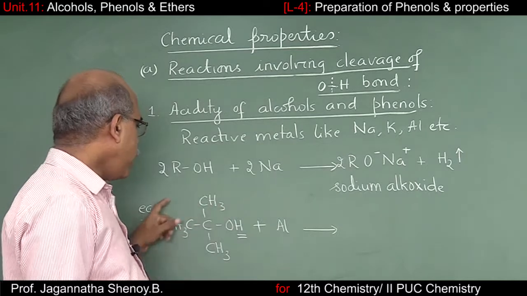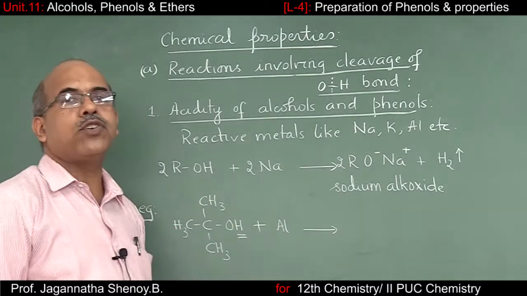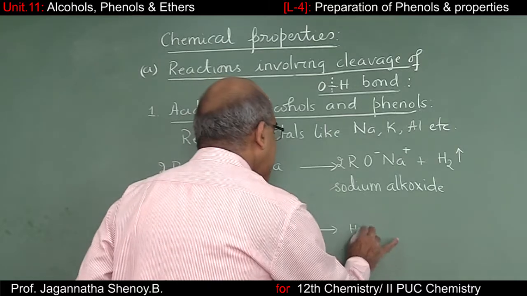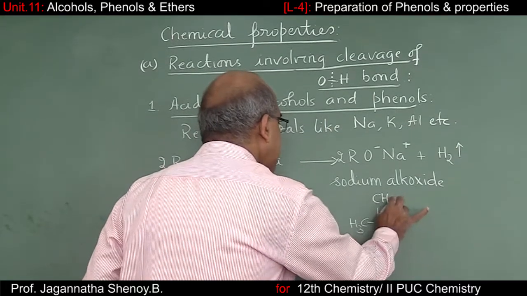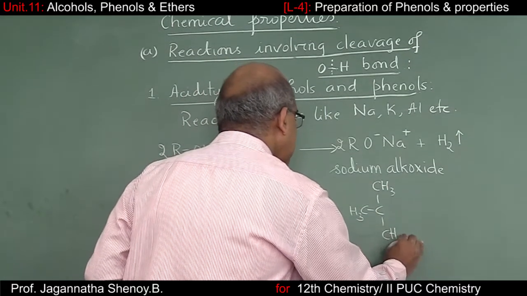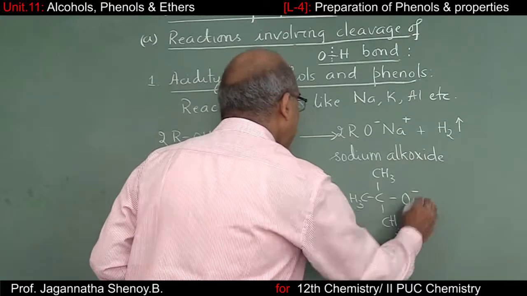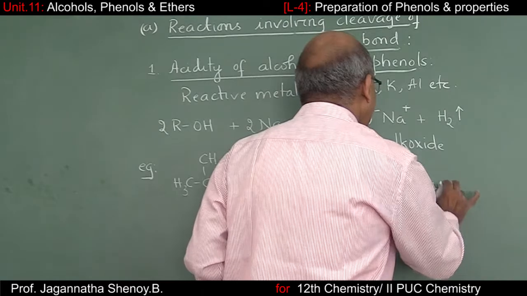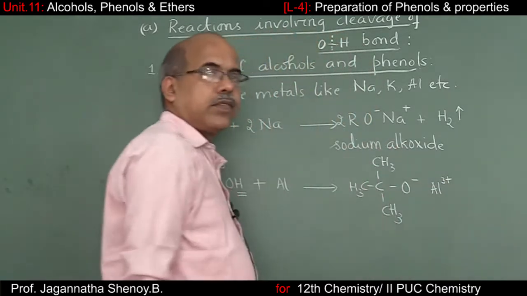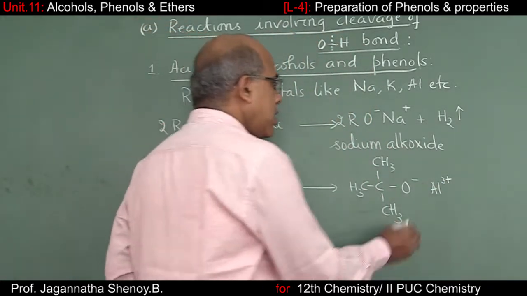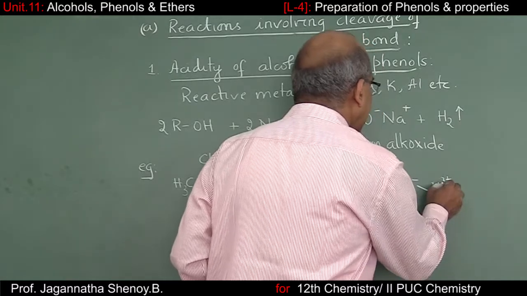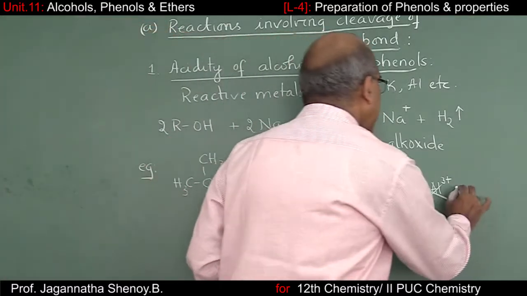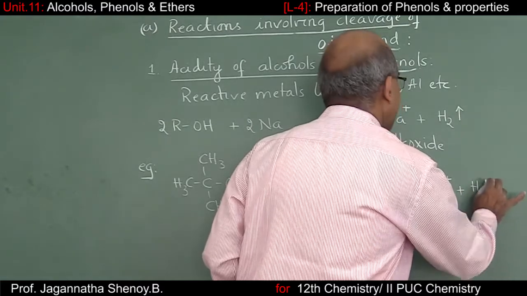That's why I have to get 3 tertiary butoxide groups. When I say that, I should have CH3, C, CH3 here, CH3. On this you will have O minus, and then aluminium will have Al3 plus. When I want to write the formula, I have to cross the charges like this. In addition to that, I should get hydrogen gas.